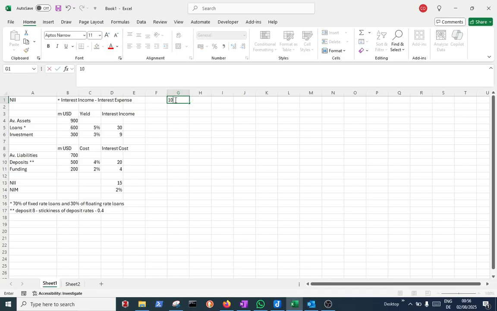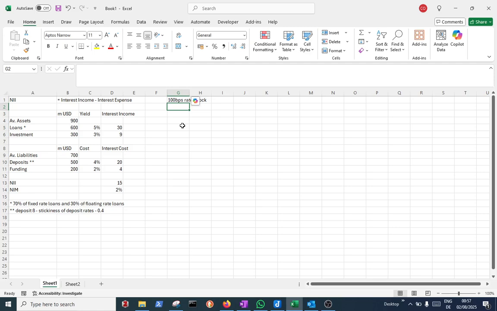So that will be a 100 bips rate shock. And let's discuss what happens. If central banks increase their rates, that will not be reflected equally on loans, investments, deposits, and funding, for different reasons.